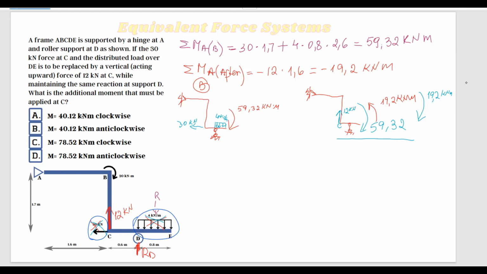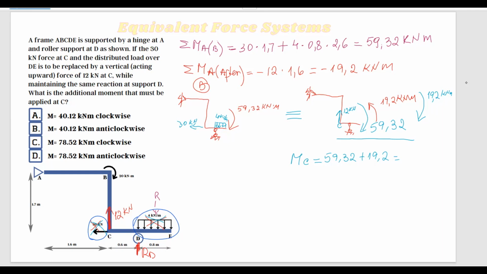And in order for them to be equivalent, I have to add a moment at C equal to 59.32 plus 19.2, and it has to be in the clockwise direction.